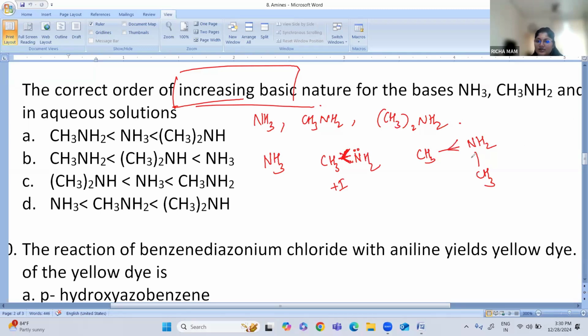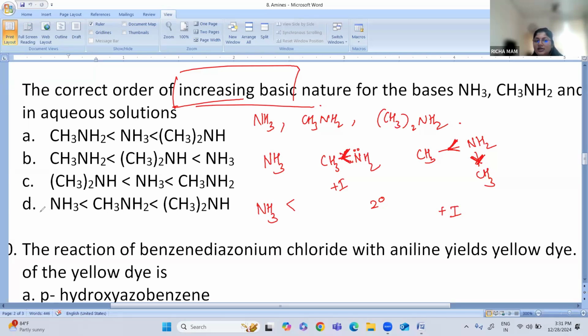Here you can see, secondary amines are more basic. Why? Because the plus I effect is more because of the presence of two electron donating groups. So secondary is more basic. So what is the order then? Your NH3 is less than your primary amine, and then your dimethylamine.